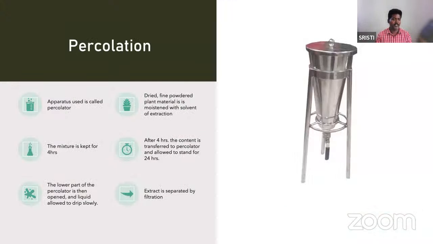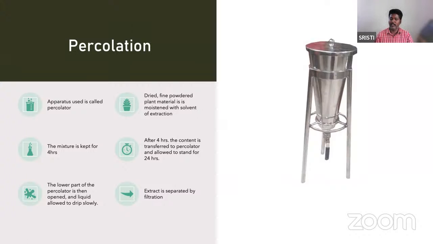Coming to the next method, percolation. So most of you have seen a similar type of apparatus in your homes where people have a habit of taking coffee, like filter coffee. So the same type of unit is used here. The apparatus is called a percolator.